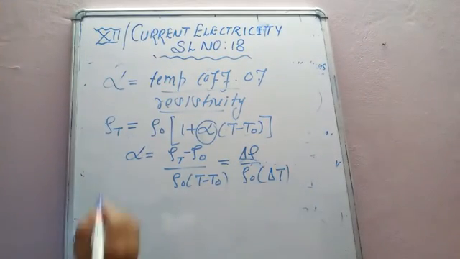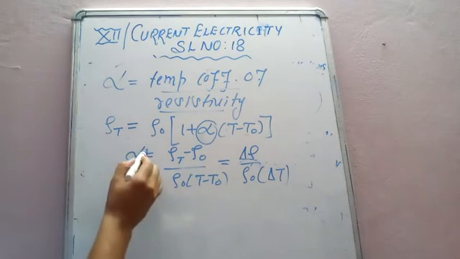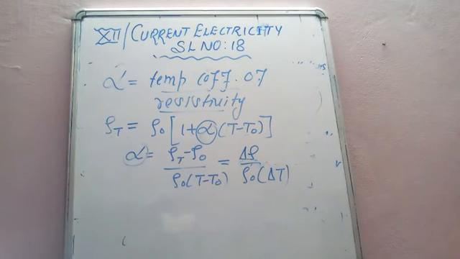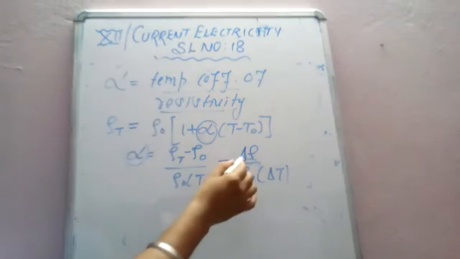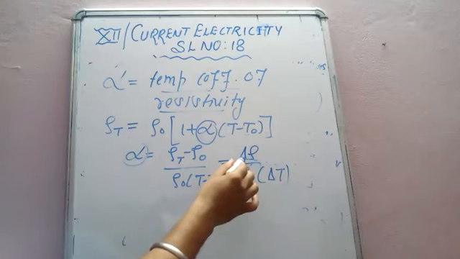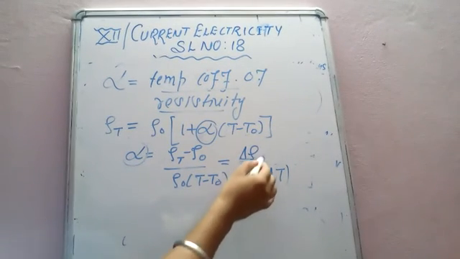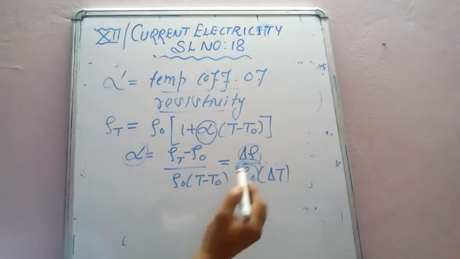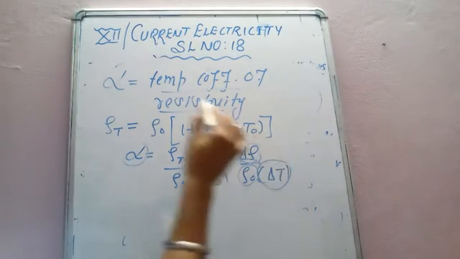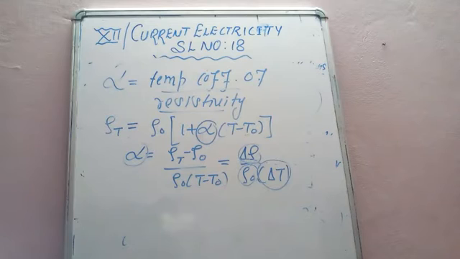Now what is alpha? Alpha is defined as the change in resistivity per unit original resistivity per unit change in temperature. What is the meaning of this statement?